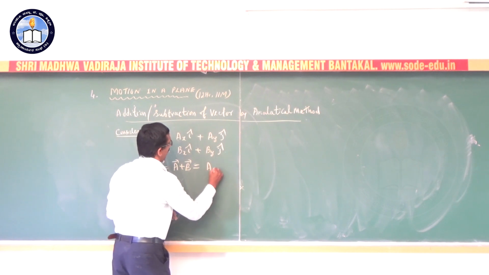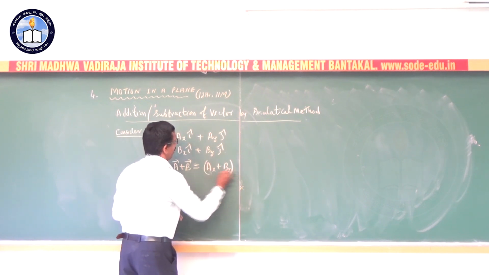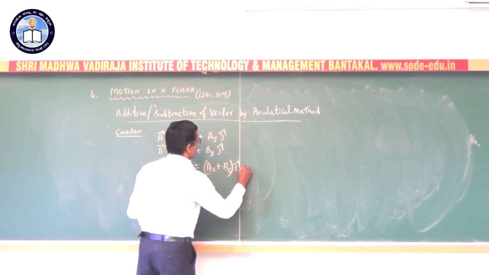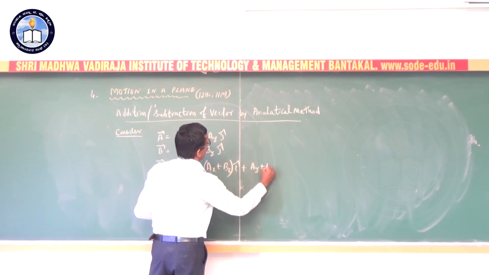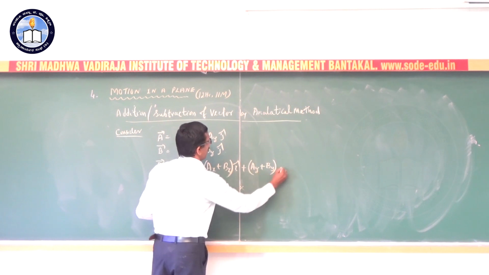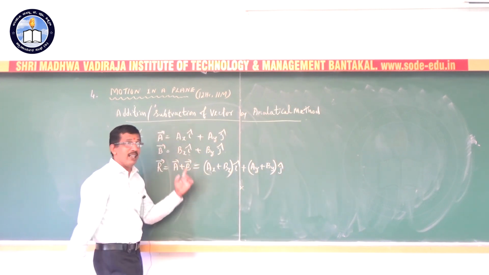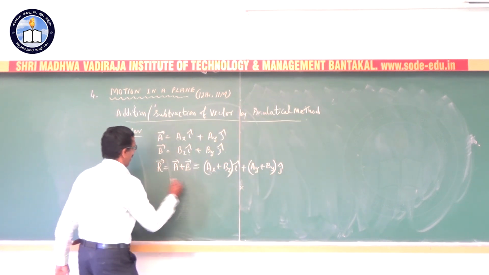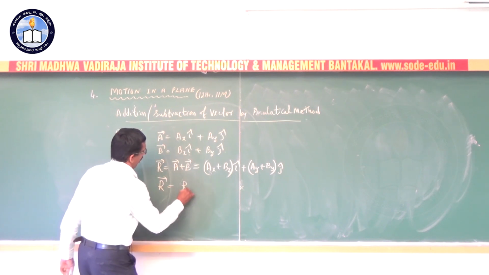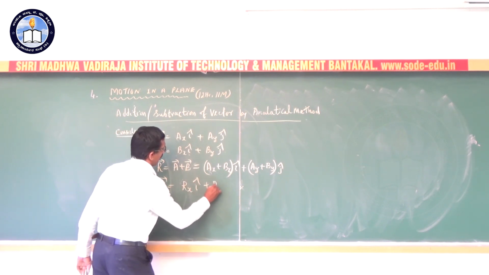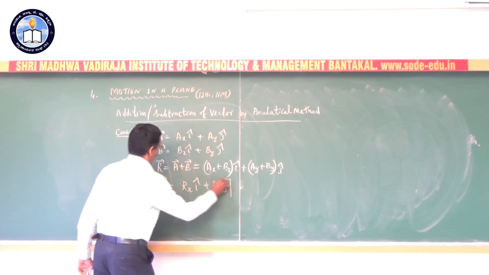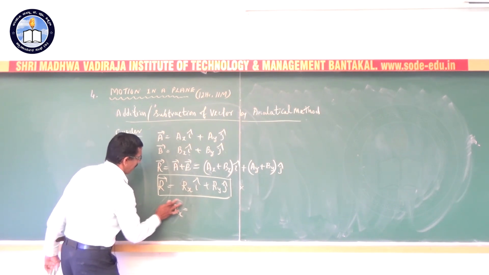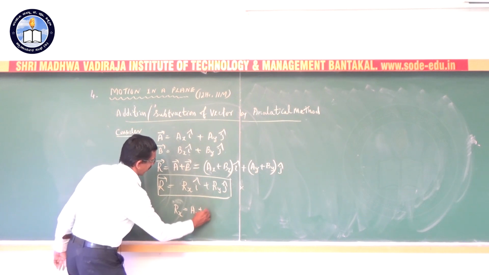See here, ax plus bx into i cap; add these two and take i cap common, plus ay plus by into j cap. Add the y components and take the unit vector common. Or I can say R is equal to rx into i cap plus ry into j cap. What is rx? Rx is nothing but ax plus bx.